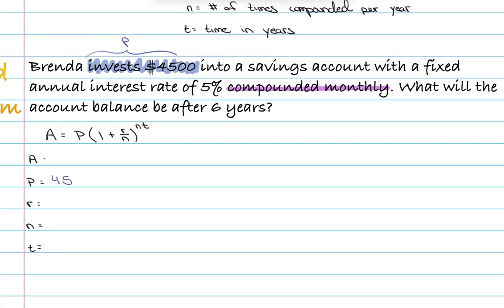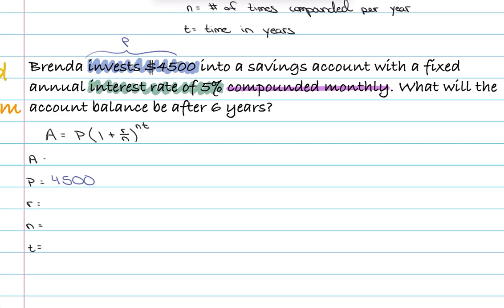Okay. So again, starting over, Brenda invests 4,500 into a savings account with a fixed annual interest rate of 5%. So interest rate of 5%.